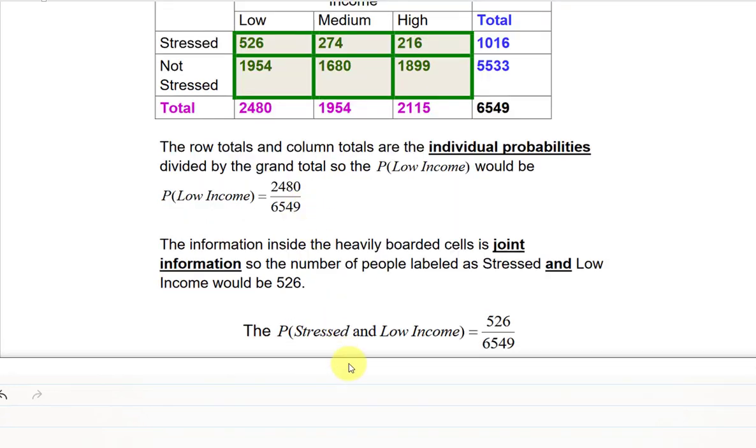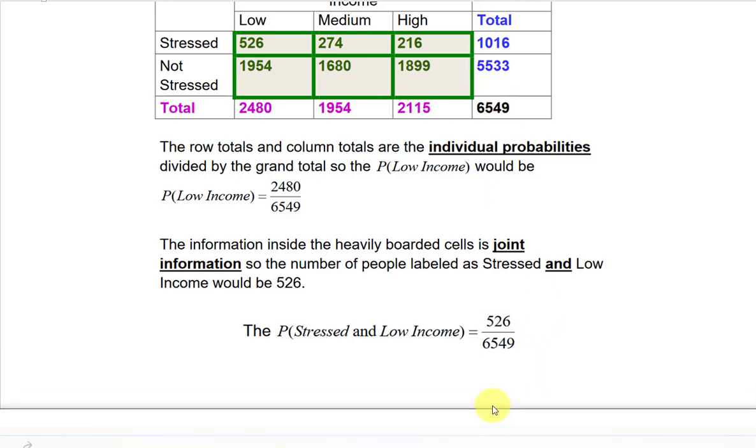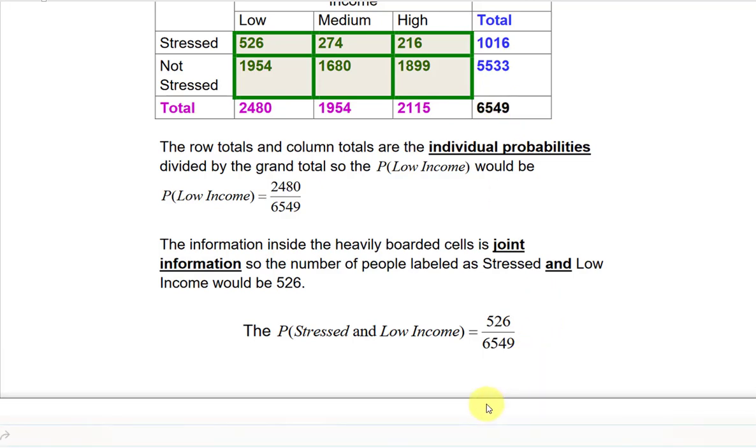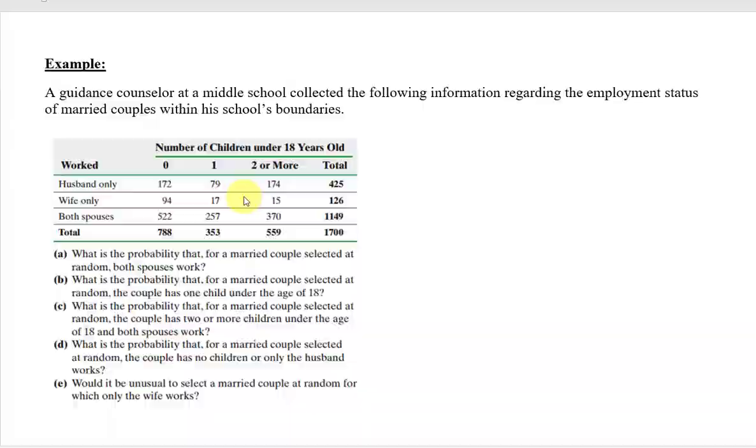So we can also find the probability of straight and low income, which is 526 out of the total number of people, 6,549. That is the probability of finding a person who is straight and has low income at the same time.